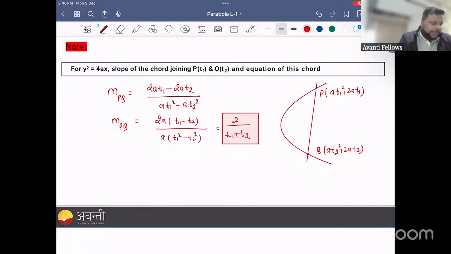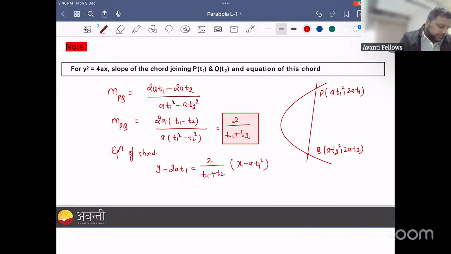Am I clear? Now the equation of the chord will be, simply, by the equation of a chord joining two points: y minus y1 equals (y2 minus y1) upon (x2 minus x1), that is the slope, into (x minus at1 square). So the equation of the chord will be (t1 plus t2) into y equals 2x plus 2a t1 t2.